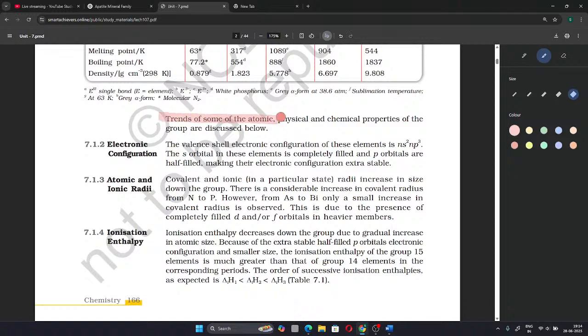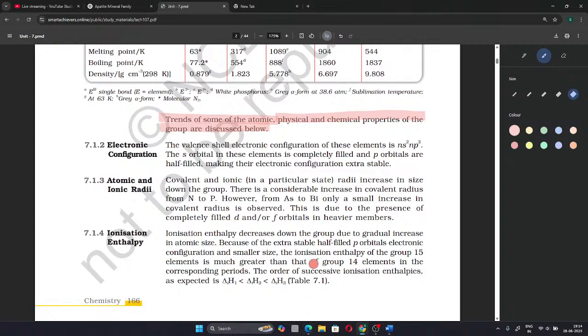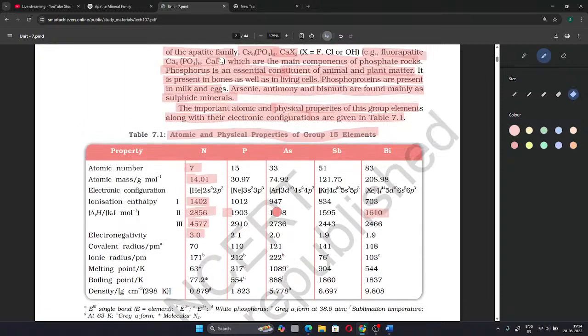Trends of some of the atomic, physical, and chemical properties of the group are discussed below. And I didn't discuss these three: atomic mass and electronic configuration along with atomic number. The atomic number of nitrogen is 7, phosphorus is 15, arsenic is 33, antimony is 51, bismuth is 83. The masses are approximately 14, 31, 75, 122 and 209.